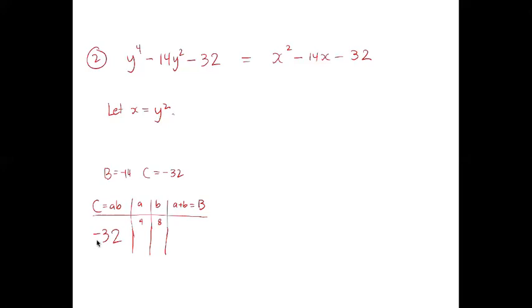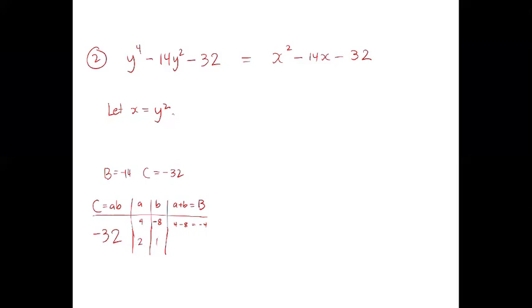One of them must be negative, and using the remark I just said, since B is negative, we want the higher number to be negative. So we want negative 8 here. However, if we do this, we will have 4 minus 8, which is negative 4. This is not the one we need.